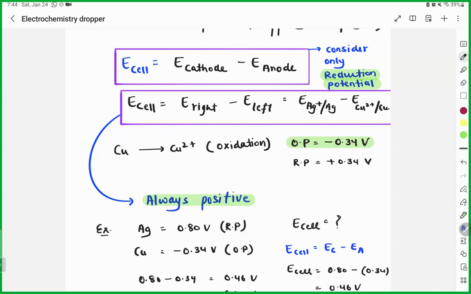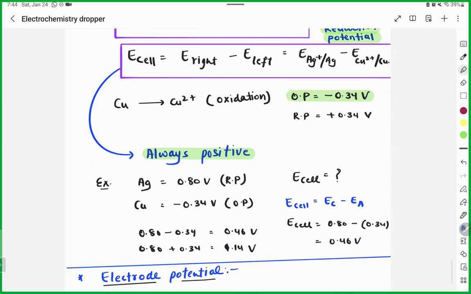Formula is E cell is cathode minus anode, and you will consider only reduction potential. Got it? In an electrochemical cell, cathode is on the right hand side and anode is on the left hand side around your salt bridge. So you can write right minus left, same thing.